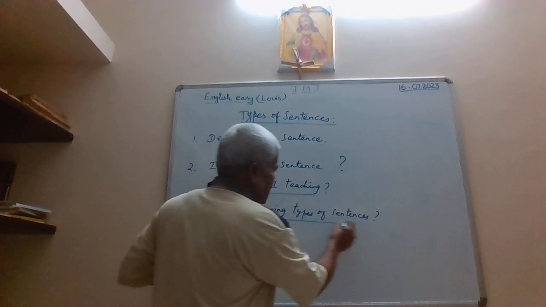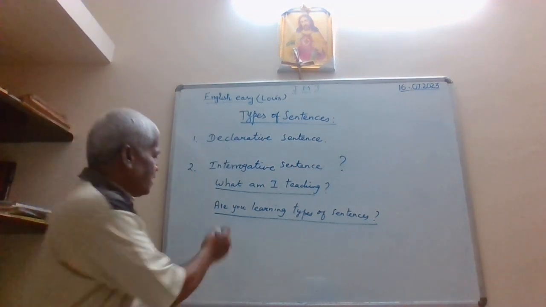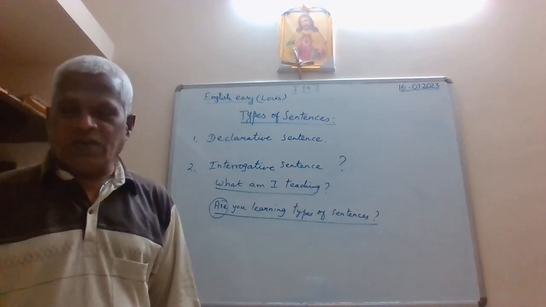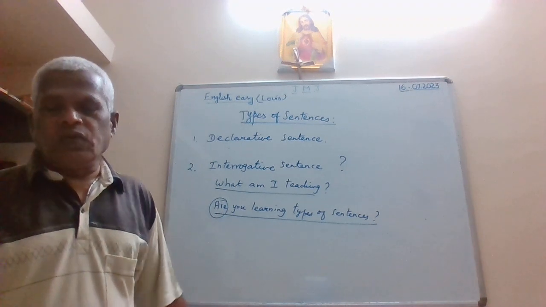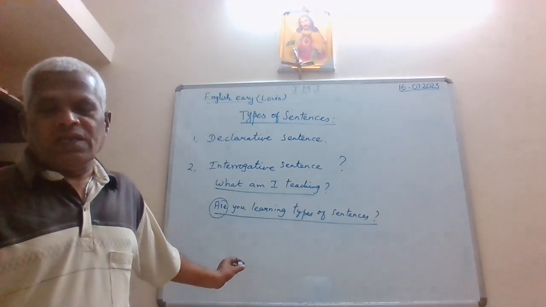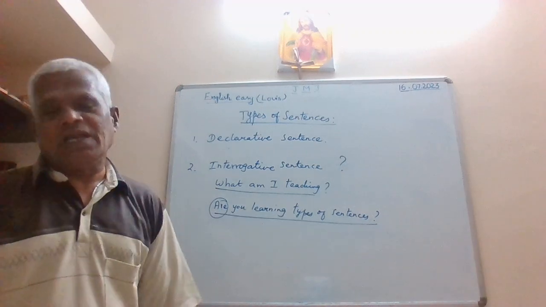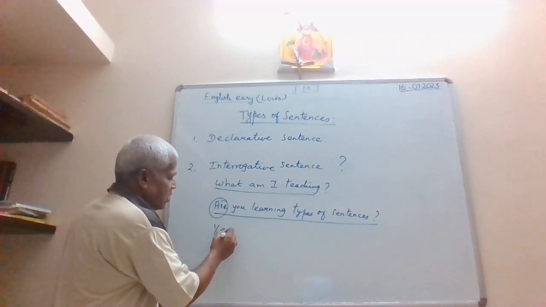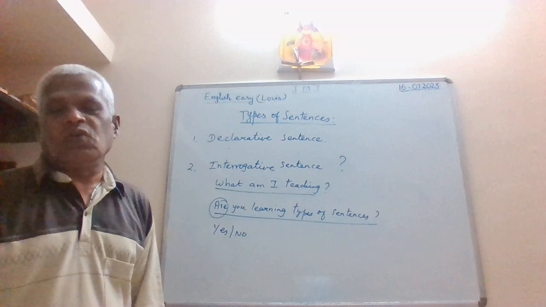Now what is this one here? Are you learning types of sentences? Is that a WH question? No. It is a verb there. So when a verb is used to begin a sentence in English, this is known as the yes or no type question.